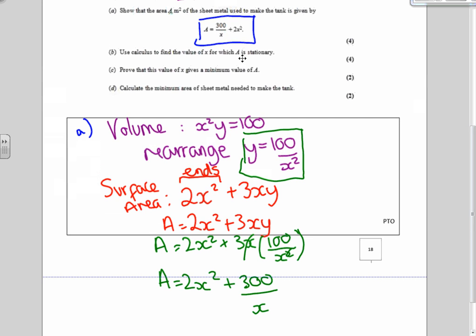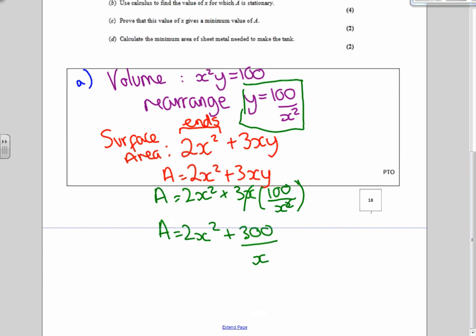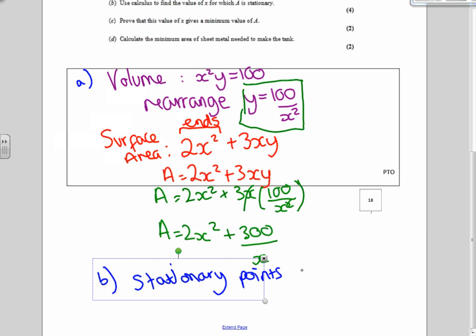So we've ended up with what we needed for part A. So for part B, we need to use calculus to find the values of x where A is stationary. So for part B, we know that the stationary points will be at dA by dx equals 0.